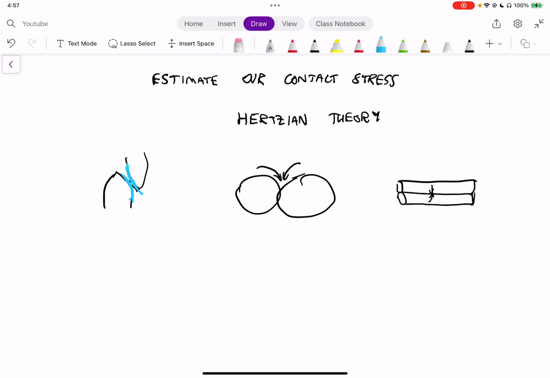And then we're going to do an example problem at the end so that we can apply it to a problem.